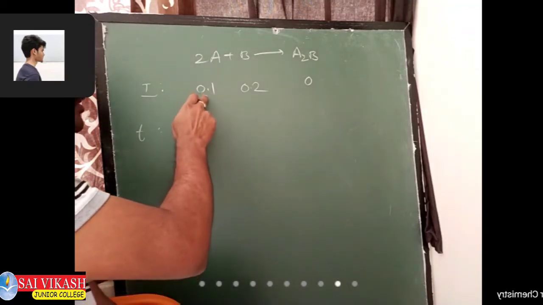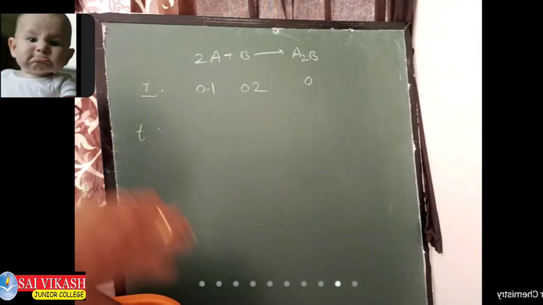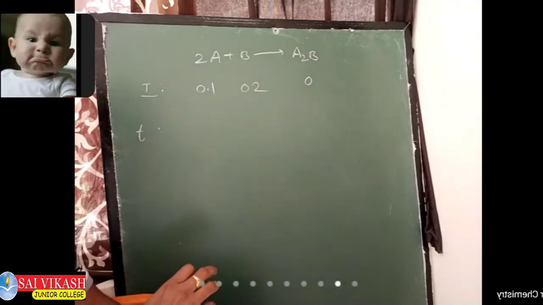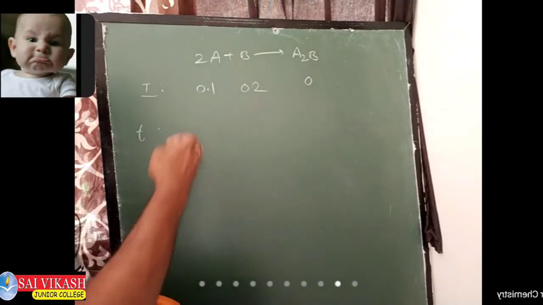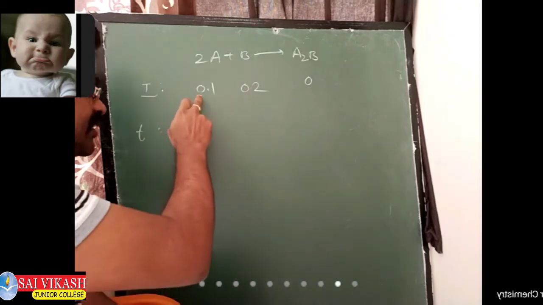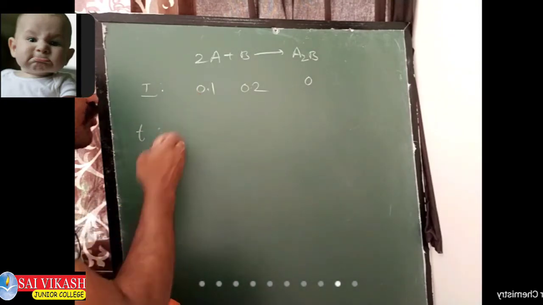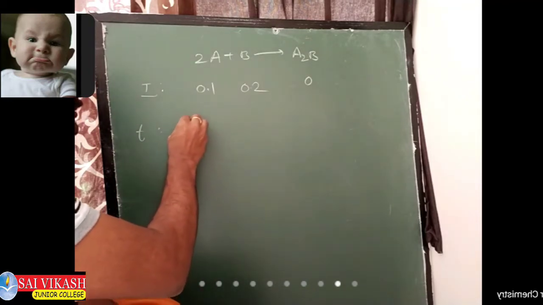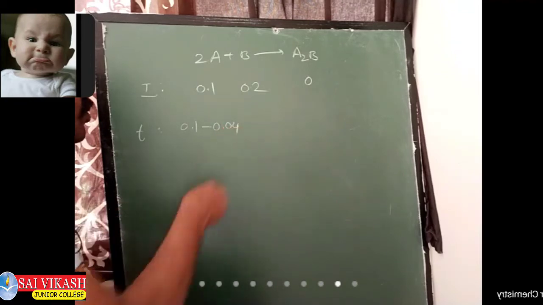Means it went from 0.1 to 0.06. Something is released. Tell me, how much is gone? From 0.1, 0.06 is left, means how much is gone? 0.04 gone.